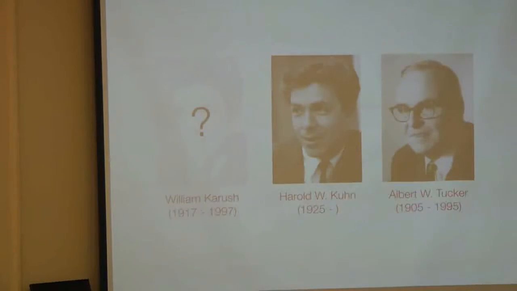Only then somebody discovered that a gentleman called William Karush had published the same result like 20 years before them as part of his diploma thesis, which nobody knew about, or very few people were familiar with. Karush discovered a breakthrough in his diploma thesis.